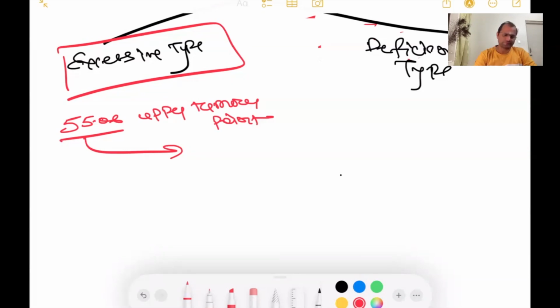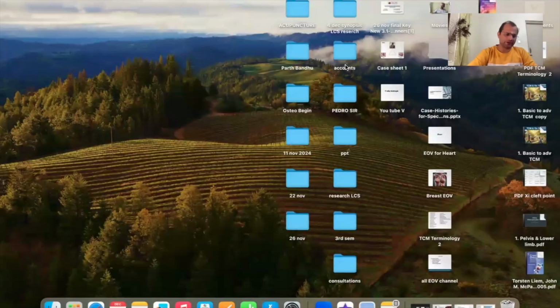Let's see here. So this is the location of this point. ये किडनी 1 के थोड़ा सा पास में होता है. अभी मैं आपको अपने पैर में दिखा देता हूँ, क्योंकि वो इमेज आ जाएगी.